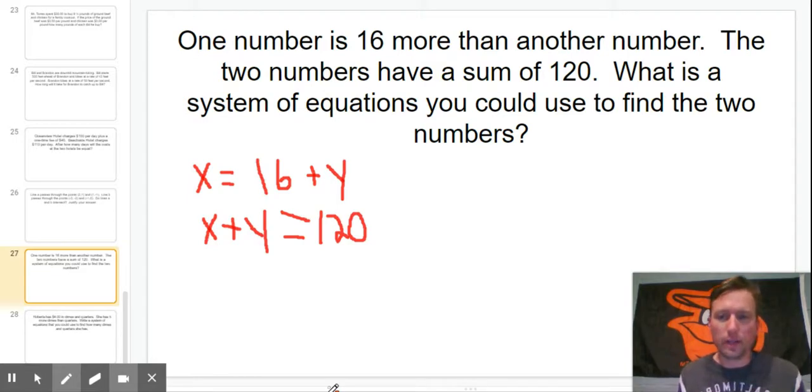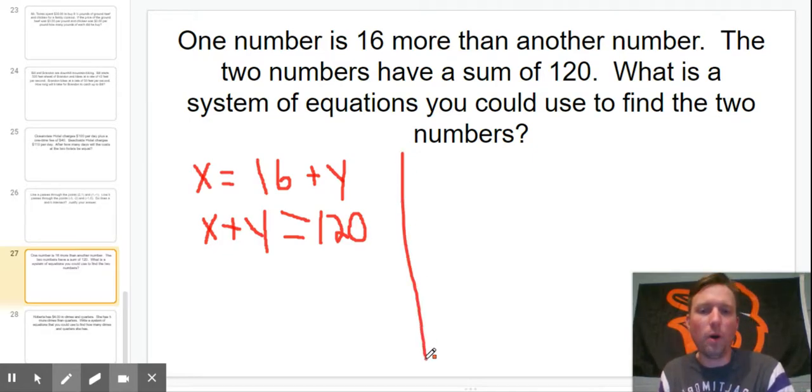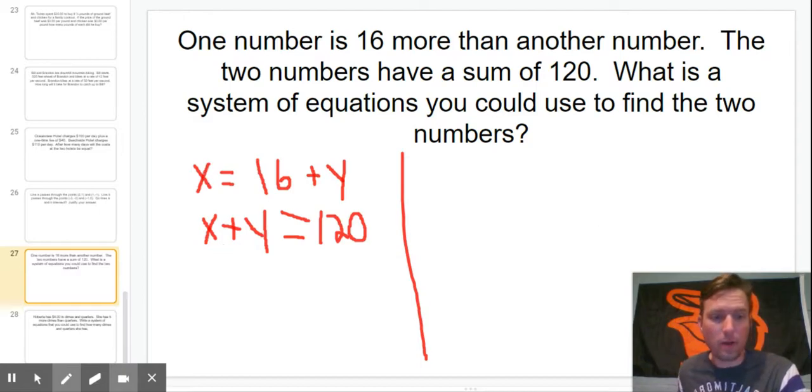Now, we could certainly go through and solve this. We could rearrange this second equation so that it would be x on this side. And in fact, in your book, if you're answering along for your follow-up today, which you will, this is not listed.